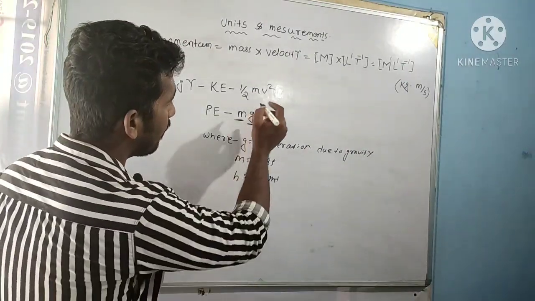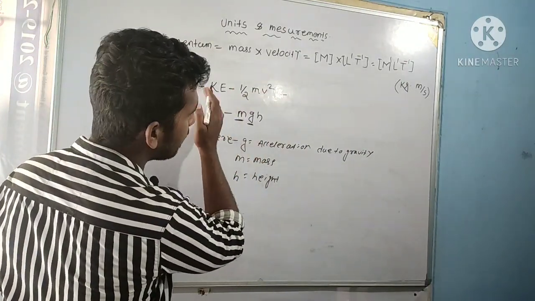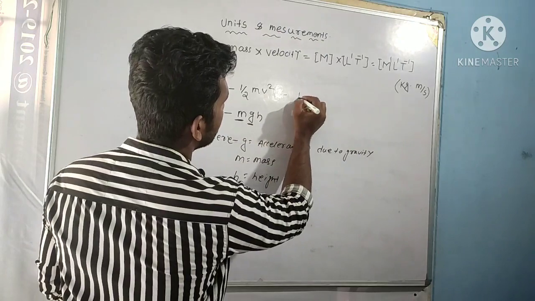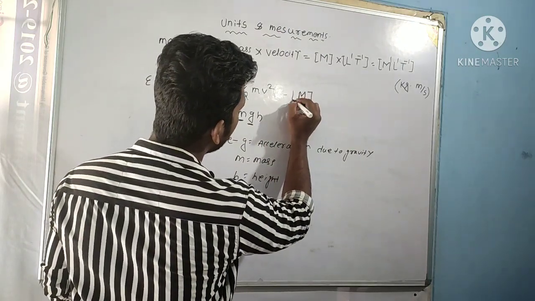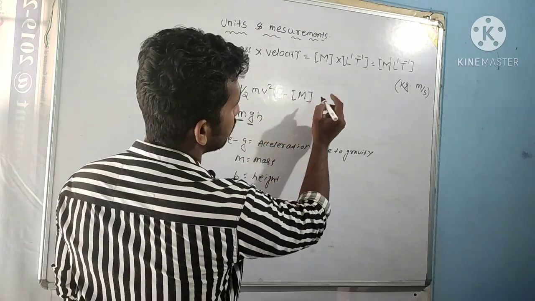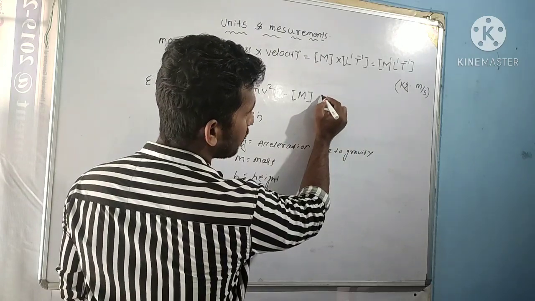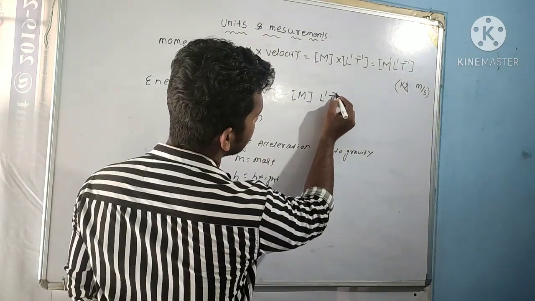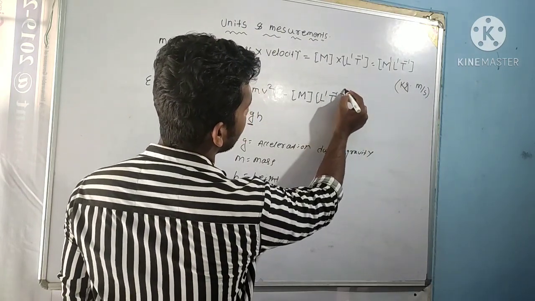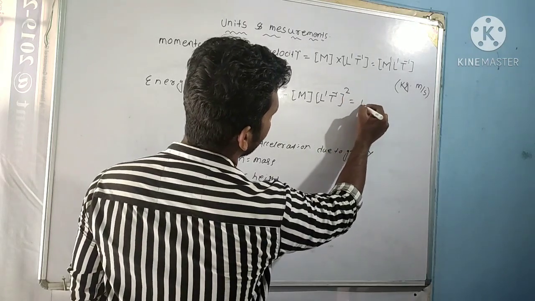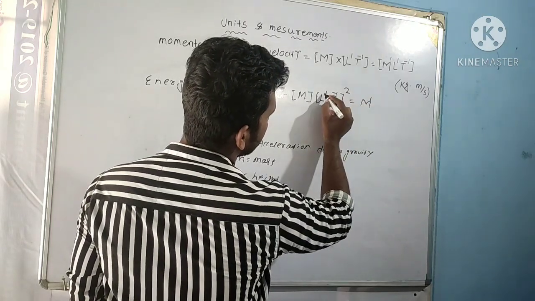Then we find the dimension formula of half mv square. Half is a constant. Then m is mass, so this is m into v. V is velocity, whose dimension is L1 t minus 1, raised to the power of square.